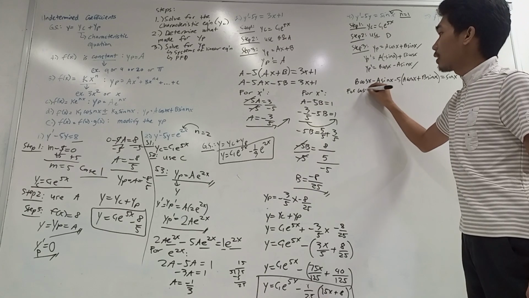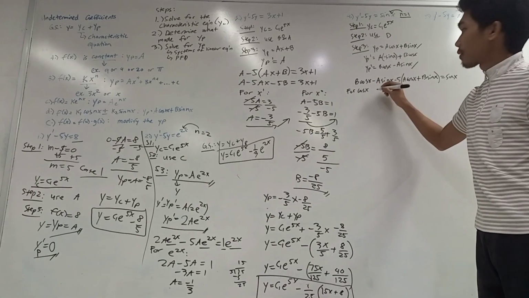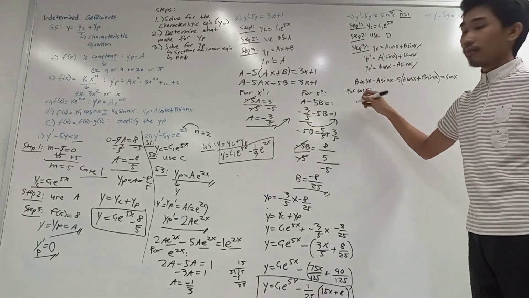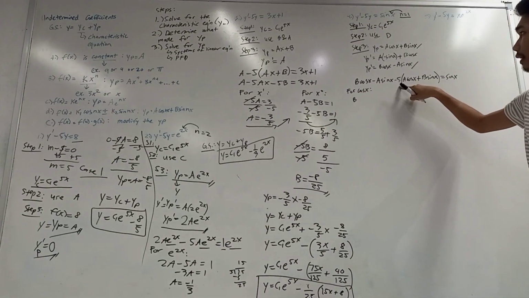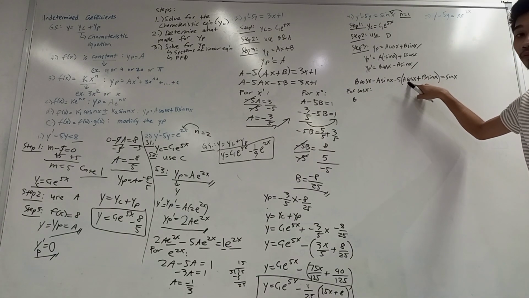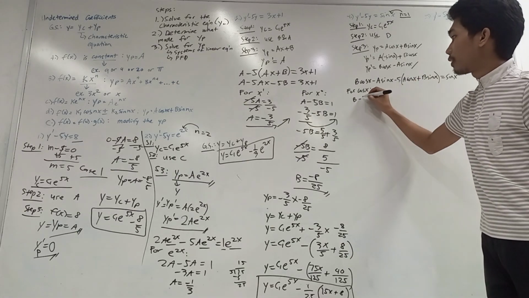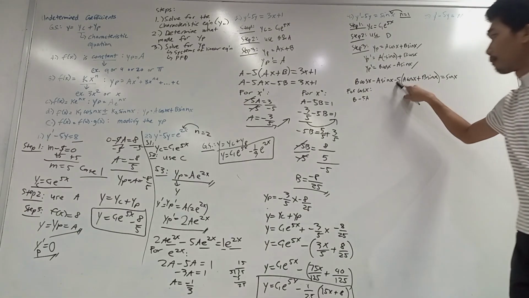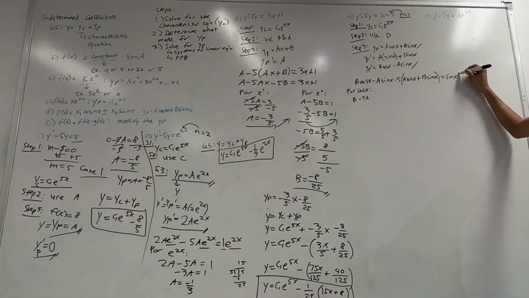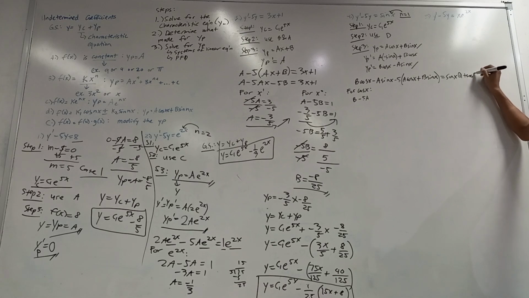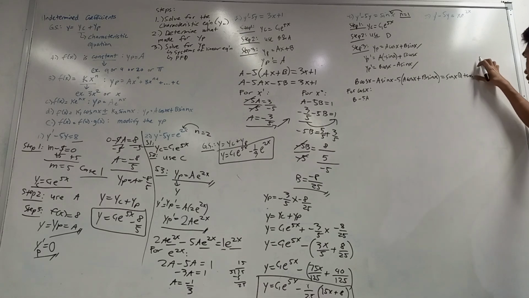For unahin natin si cos x. So meron tayong b. And then meron tayong negative 5a equals to, well, dito meron tayong sin na times 1 and then meron tayong cos x na times 0.